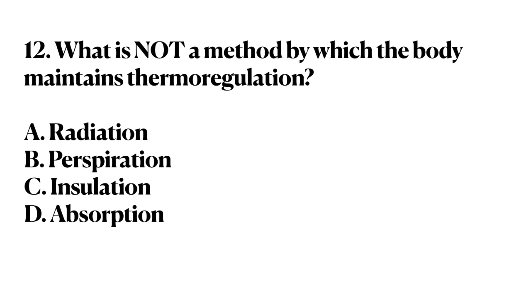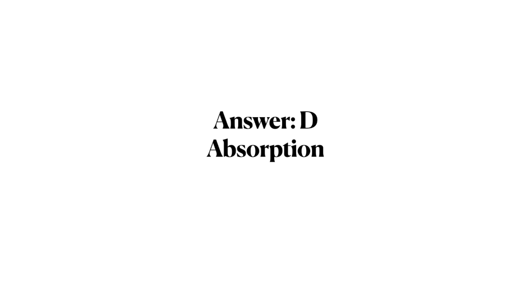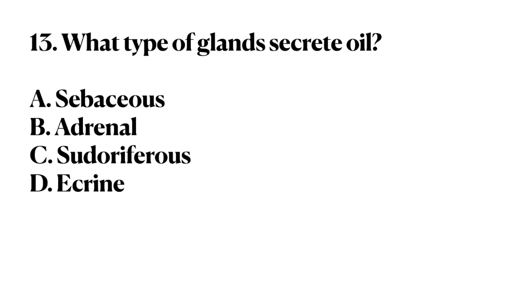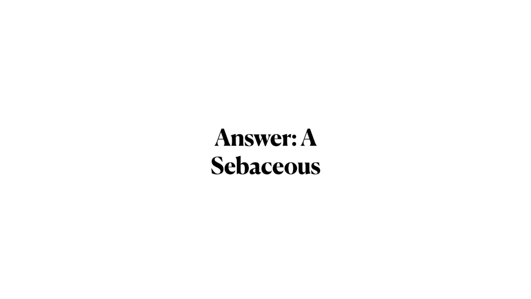C. Insulation. D. Absorption. Answer D. Absorption. What type of glands secrete oil? A. Sebaceous. B. Adrenal. C. Sudoriferous. D. Eccrine. Answer A. Sebaceous.